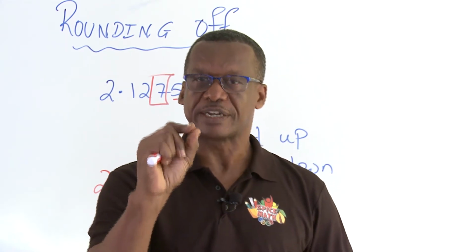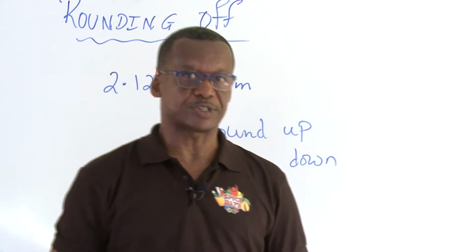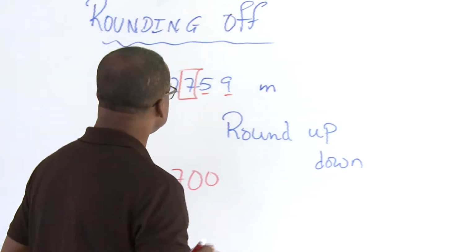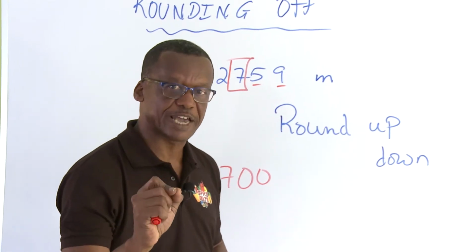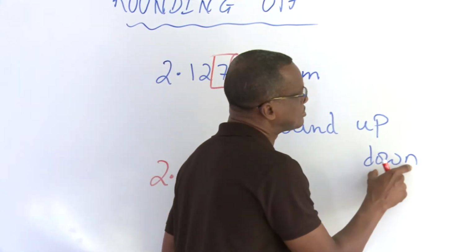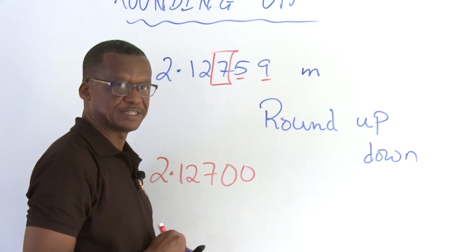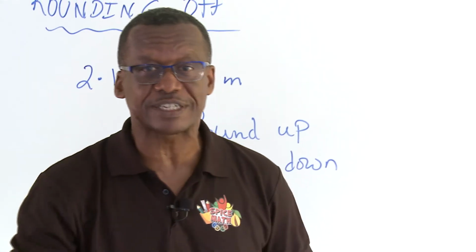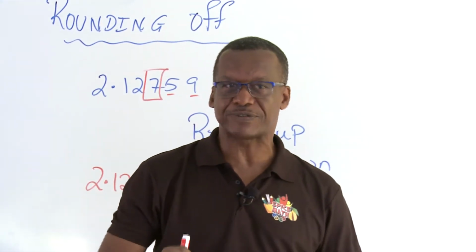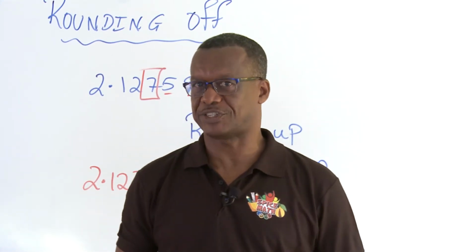And that's where the challenge of rounding off comes. Because if the number immediately after the target digit is less than 5, we round down or we keep the target as it is. But if the number immediately after the target digit is a 5 or a number greater than 5, we add 1 to the target digit.